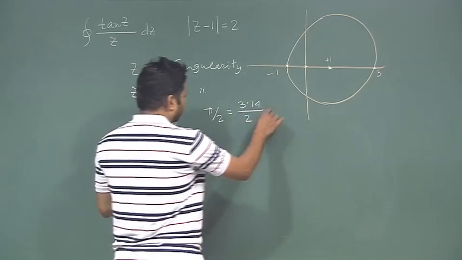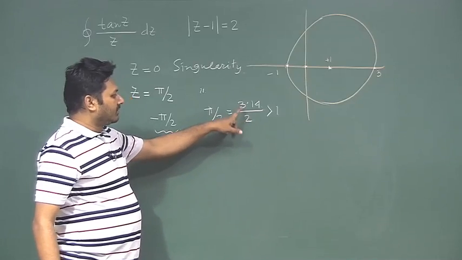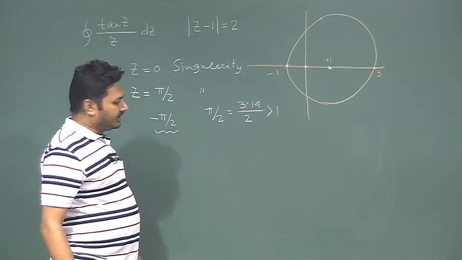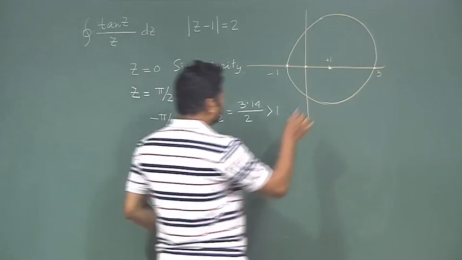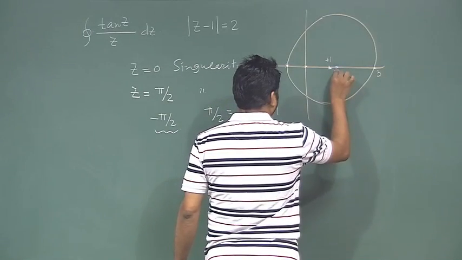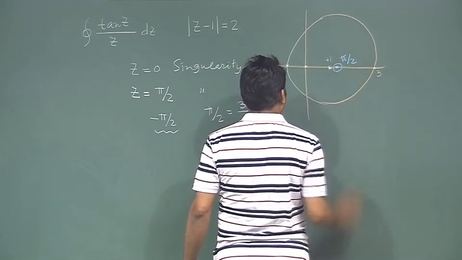It is greater than 1, but obviously less than 3. So its location, pi by 2, is situated somewhere here. This is my pi by 2 point, which is inside.